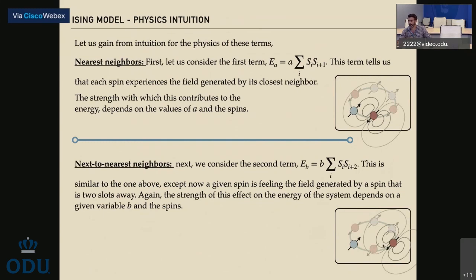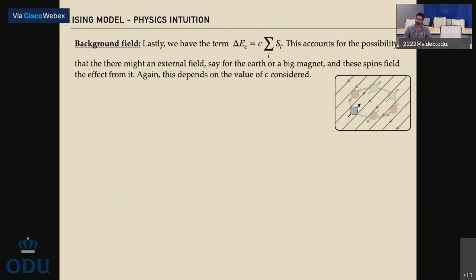But that also could be the case for not the nearest neighbor, but the one that is 2 steps away. So same thing, you're going to have an interaction between this spin and the one that is 2 steps away, and the coefficient that parameterizes this interaction is this parameter b.